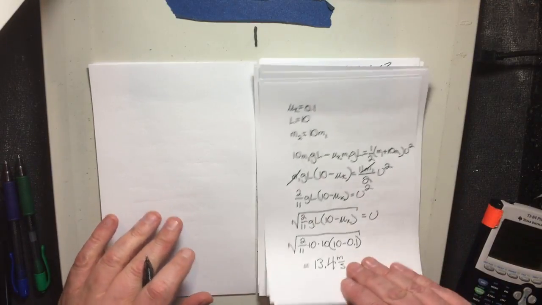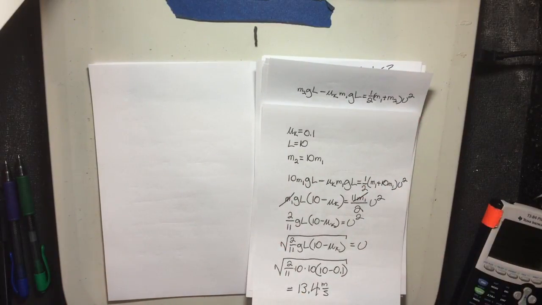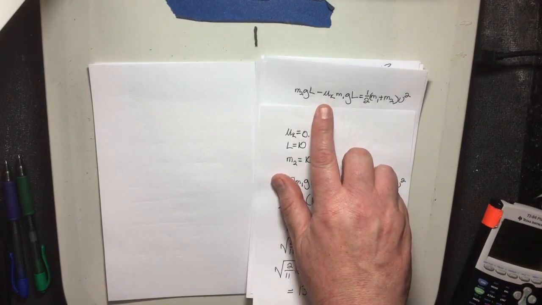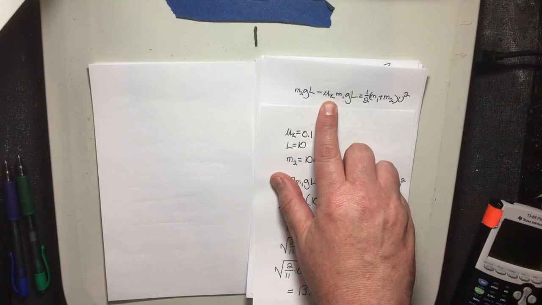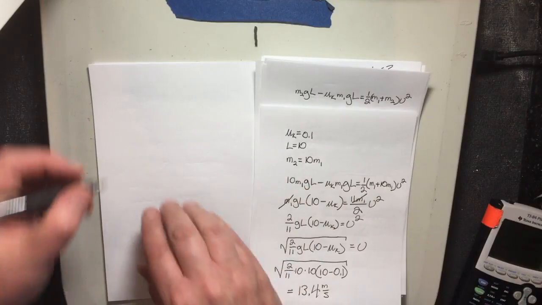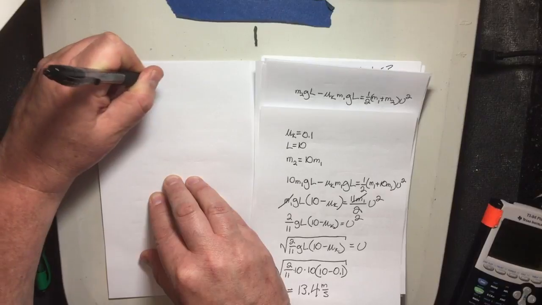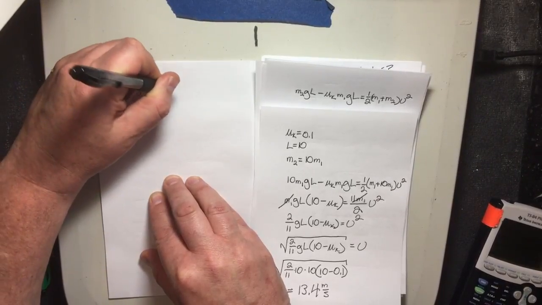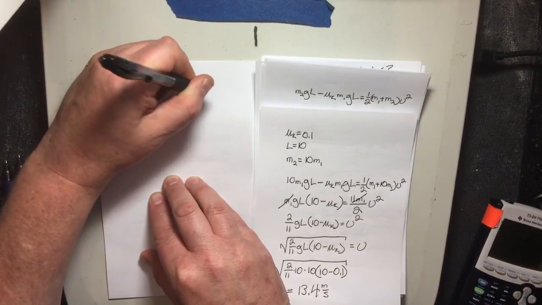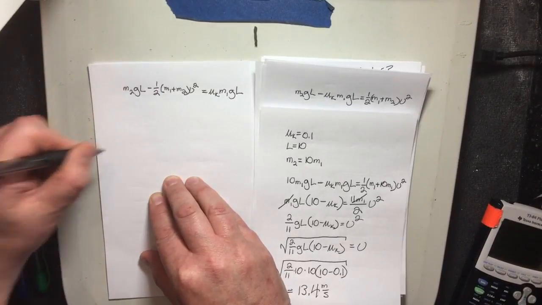Another thing that could be done is, given a set of conditions, find mu sub k. You should be able to take this equation and solve for any variable in the equation. So if I needed mu sub k, m2gl minus 1/2 m1 plus m2 v squared equals mu sub k m1gl.